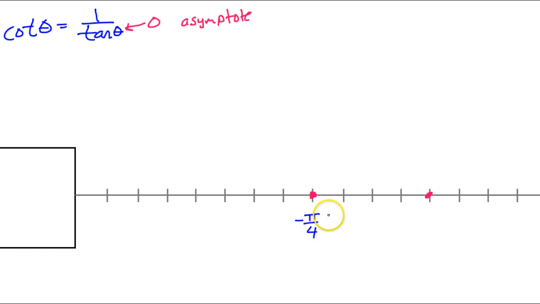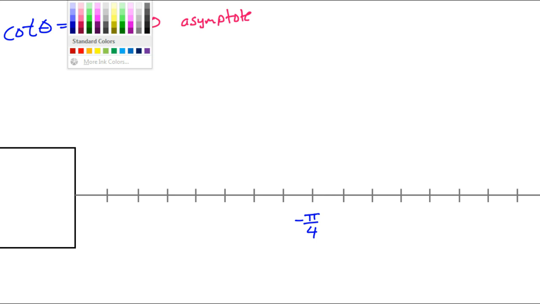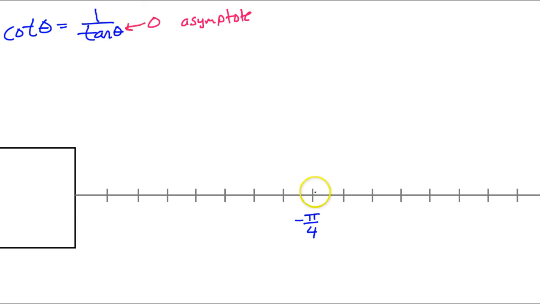But we're graphing cotangent, so the deal is, if tangent is 0 right here on the x-axis, there should be an asymptote here instead of an intercept. So I'm going to replace these 2 points that I normally start with asymptotes. So I should have an asymptote for cotangent right here in the middle.